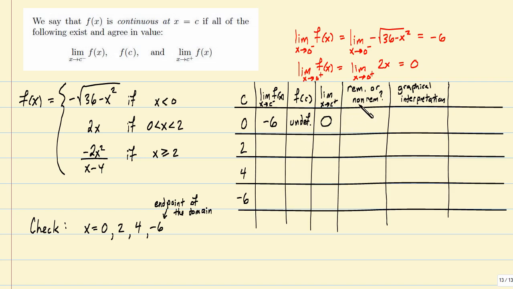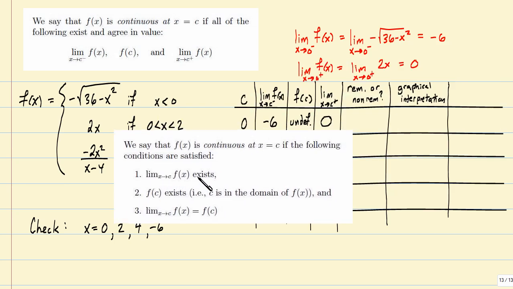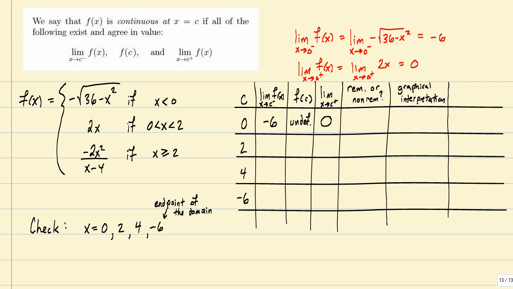To decide between removable or non-removable, we need to ask ourselves the question, does the limit as x approaches c exist? Of course, that only happens if both of those things exist and agree. In this case, those two things are those two things. They don't agree, so the overall limit does not exist, and so we're talking about a non-removable discontinuity.